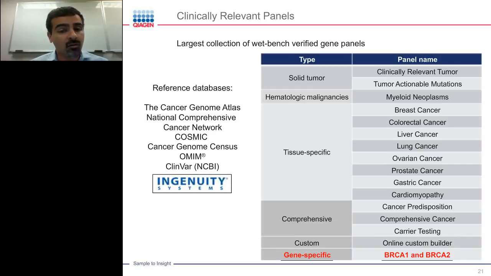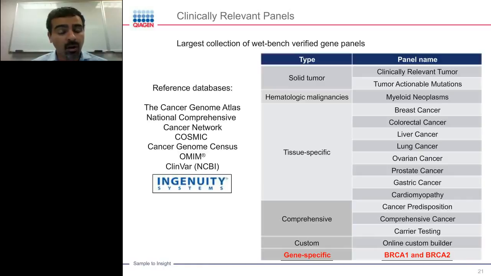We've developed a panel for hematologic malignancies, which is the myeloid neoplasms panel. We've developed 9 other tissue-specific panels for breast cancer, colorectal cancer, liver cancer, and so on and so forth, as you can see on this slide. And we've also developed comprehensive panels in the form of a cancer predisposition panel, the comprehensive cancer panel, and the carrier testing panel.